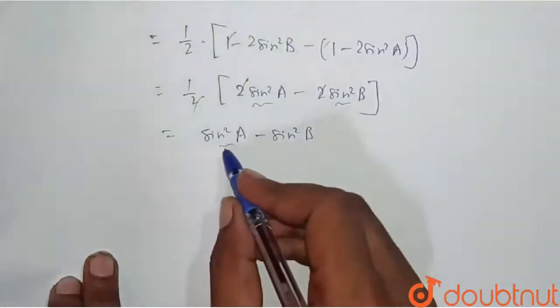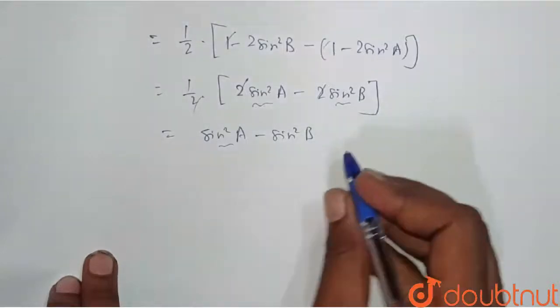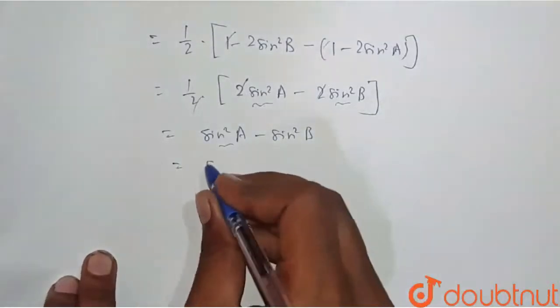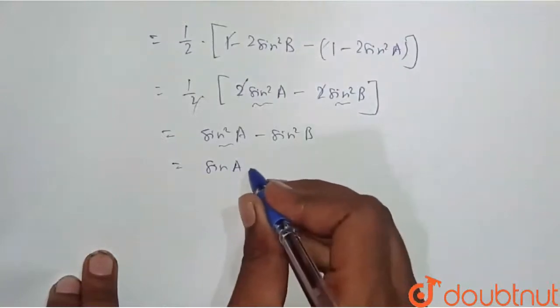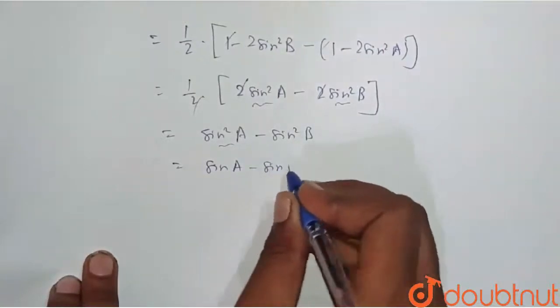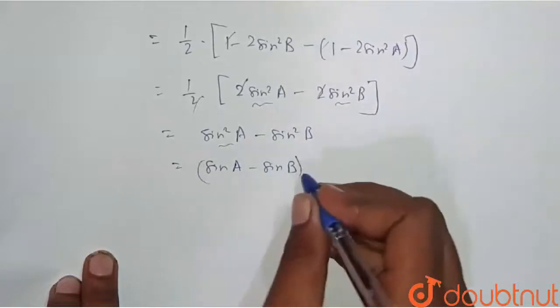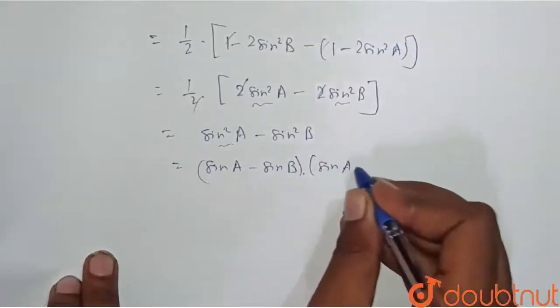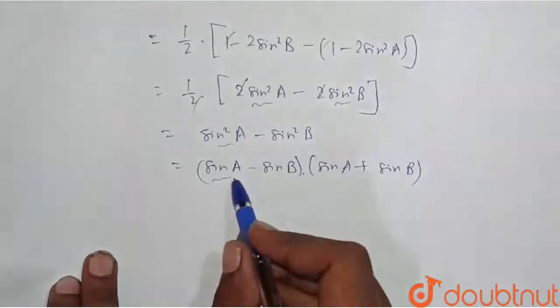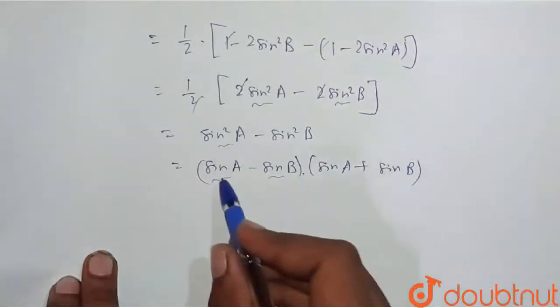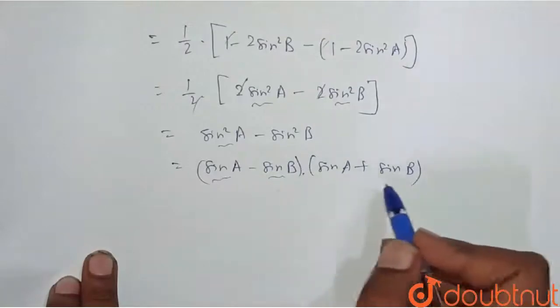We can see here this is the form a square minus b square, and we know the result of that is (a - b)(a + b). So this is (sin a - sin b) into (sin a + sin b), and we know the formulas for sin c - sin d and sin c + sin d.